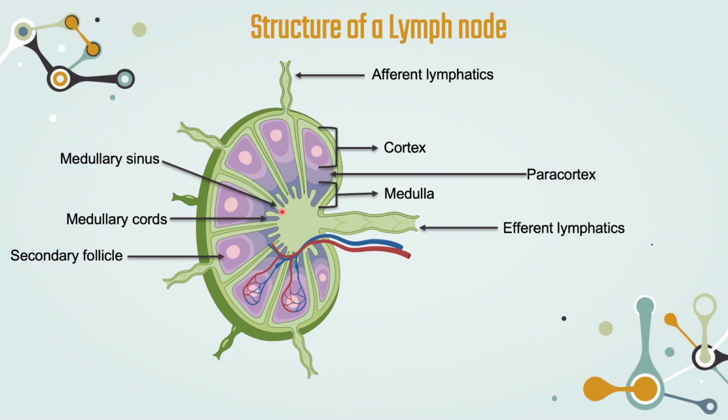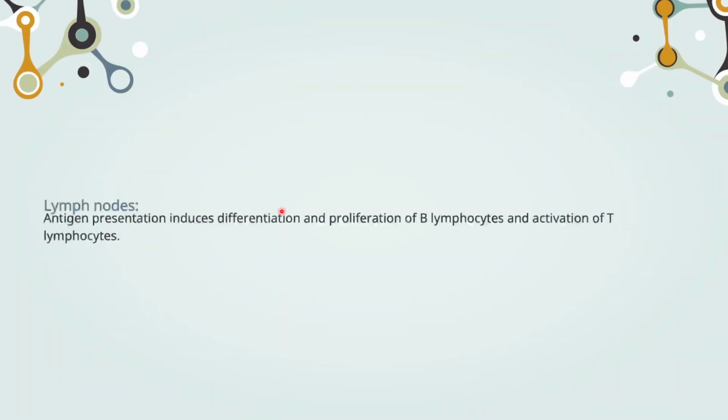It's not possible to go into every detail of the structure of lymph node, but from exam point of view, all you need to know is cortex is the B cell zone, paracortex is the T cell zone, and medullary sinuses have macrophages. So these three are the most important things, but other stuff that we discussed in this slide are super high yield, but the most important ones are cortex, paracortex, and medulla, all right?